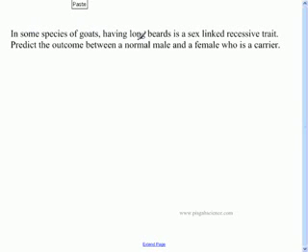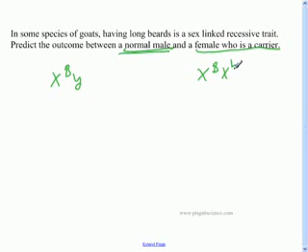In some species of goats, having long beards is a sex-linked recessive trait. Predict the outcome between a normal male and a female who's a carrier. All right, a normal male is going to be written this way. A female who's a carrier, as we discovered in the last problem, is going to be written this way.